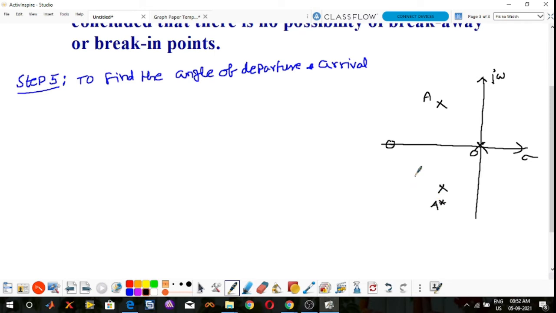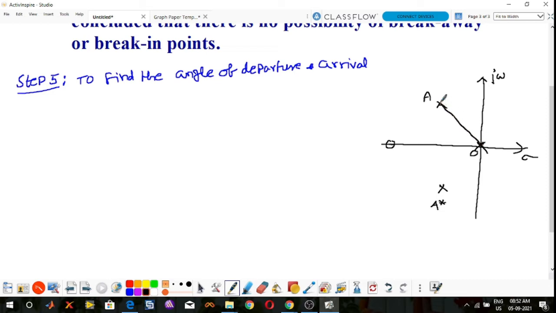So draw the line from this complex pole A to the remaining poles and zeros. And what are the remaining poles? This is another pole and this is another pole. And what are the other zeros? This is another zero.